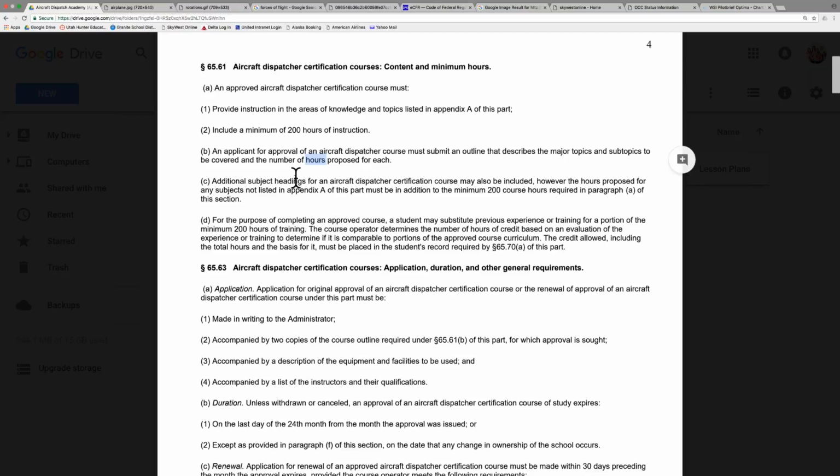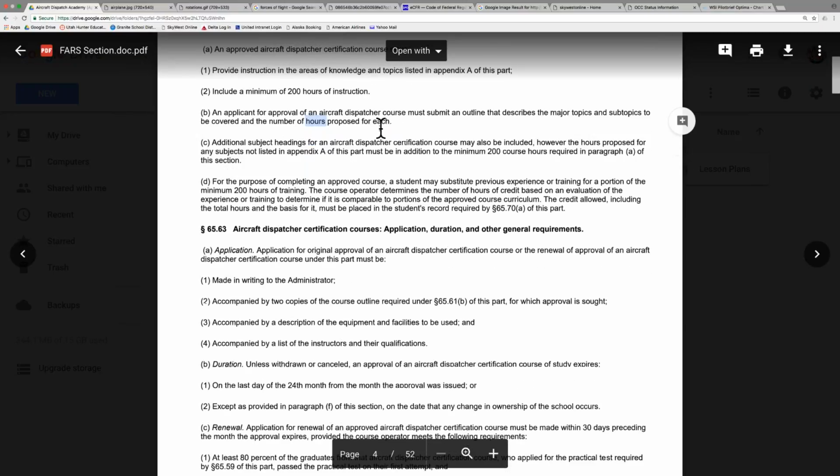We don't necessarily keep track of that, other than we do take attendance, and we make sure that you guys are getting the instruction that you need. If you're watching the videos of the class at home and keeping us up to date on how that's going, all of that counts. Does that make sense? That's the gist of this content and minimum hours.